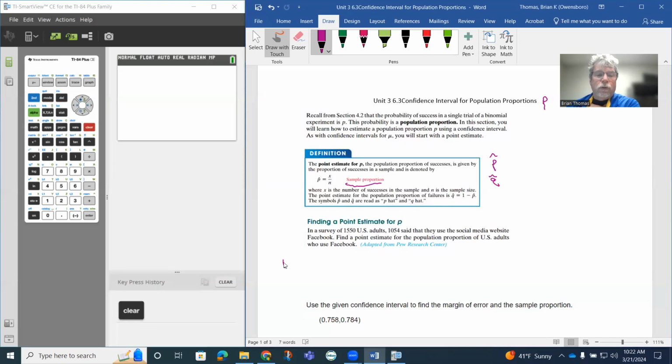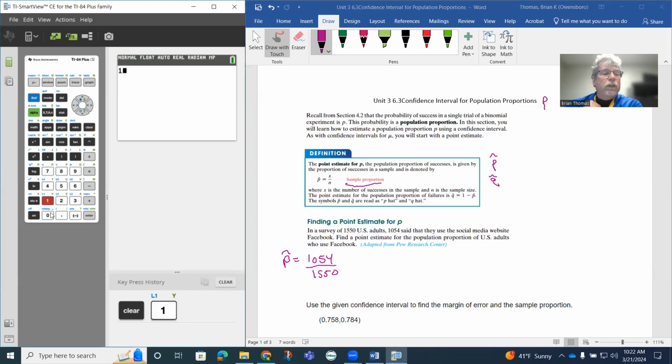So we're going to determine p hat, which is going to be the sample proportion, if you will. And notice that 1,054 was those that said they used the social website Facebook, and the amount surveyed was 1,550. So notice how we usually don't leave it as a proportion. We actually change this into a decimal.